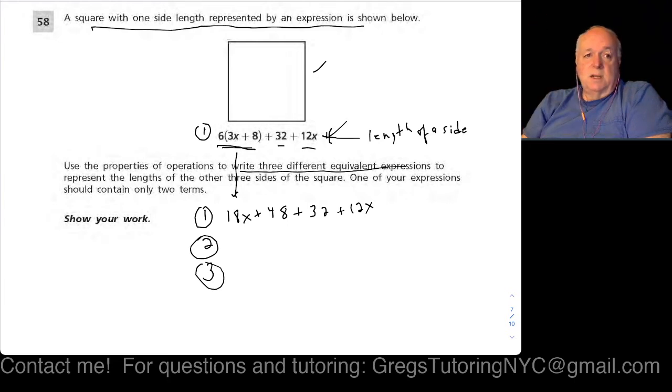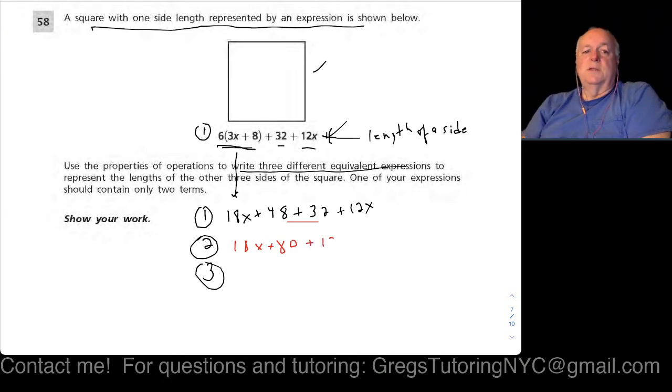The next thing I'm going to do to get another form, let's do this in red. I'm going to combine my constants. So I'm going to get 18x. That's 70, that's 80. Plus 12x.